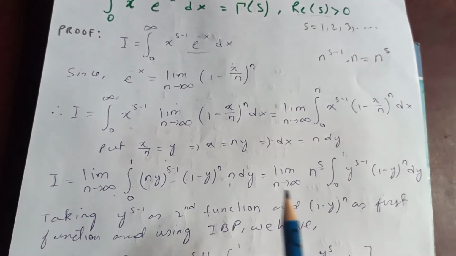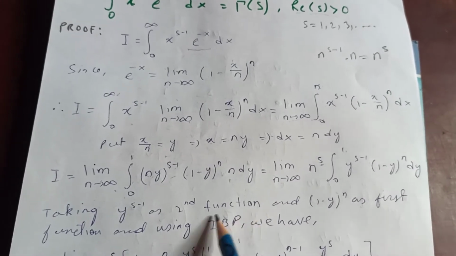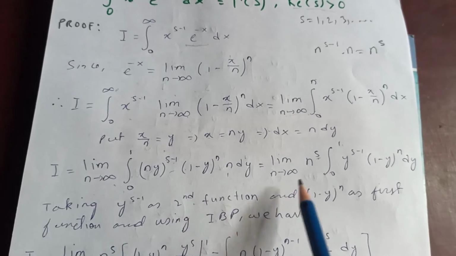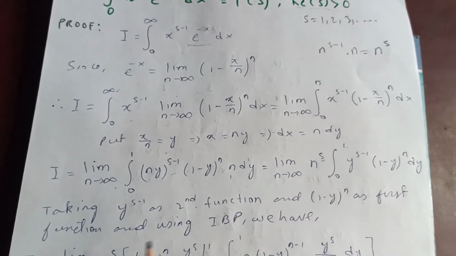Now we are going to use integration by parts, taking y to the s minus 1 as the second function and 1 minus y to the n as the first function.